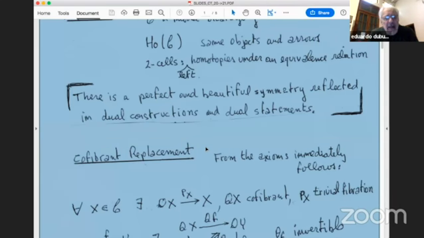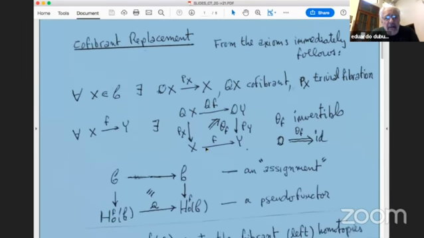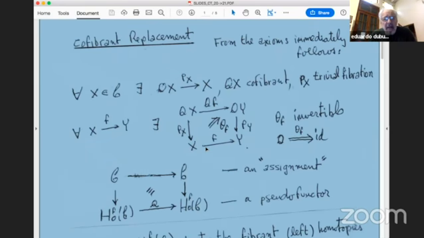Now, cofibrant replacement, you can see it illustrated in my slide. It goes from a model category C into itself, but it's not a functor or a pseudo functor. It's just an assignation.